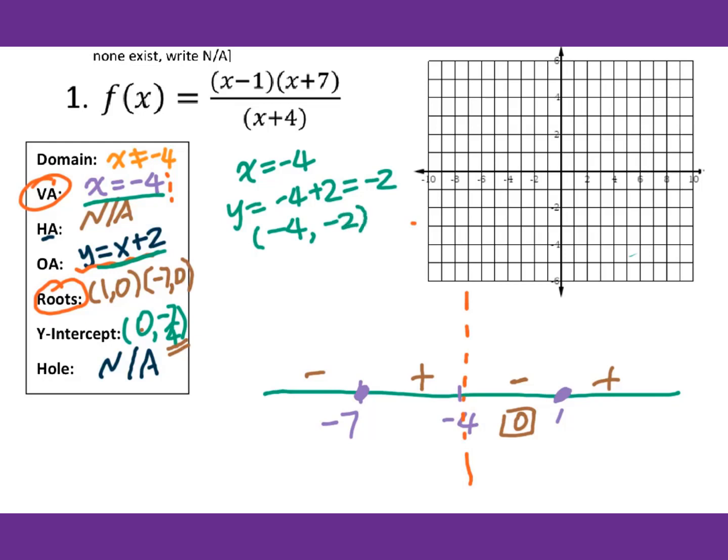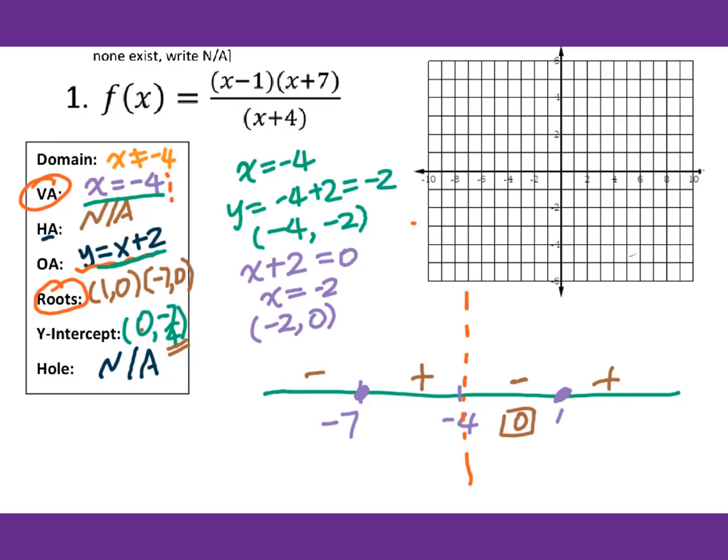The other one must be where the oblique asymptote line crosses the x-axis. Therefore, I will set up x plus 2 equal to 0. X equals negative 2. So, this oblique asymptote line will pass through negative 2, 0.